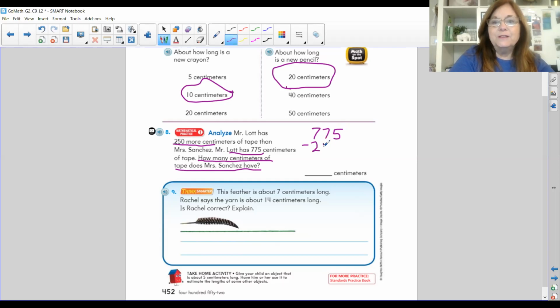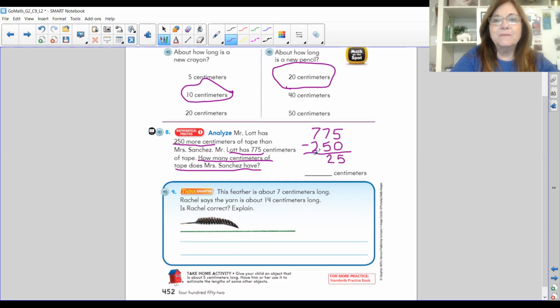Remember, when you start getting into third grade, you have to start writing a lot of your own problems, and we really want to make sure that we line up the ones, the tens, and the hundreds. And lucky for us this time, it doesn't look like we're going to have to regroup because all the bottom numbers are smaller than the top numbers. So 5 minus 0, it is 5. 7 minus 5, it is 2.